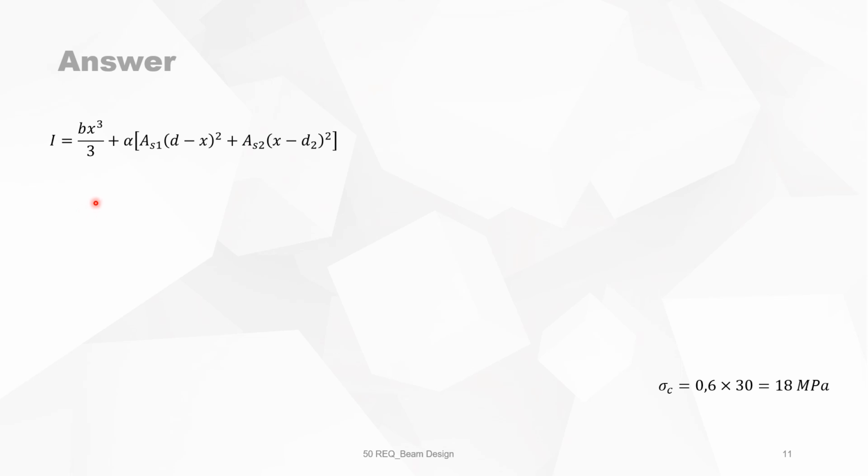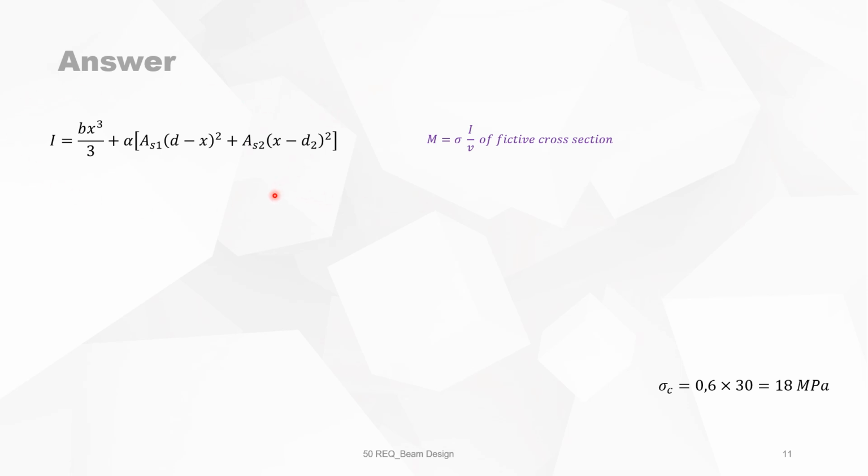The surface moment of inertia of the fictive cross section is equal to this. The bending moment divided by I over v is equal to the stress. This formula is valid for the fictive cross section, so it's valid for a section b times h plus alpha times As1 plus alpha times As2.